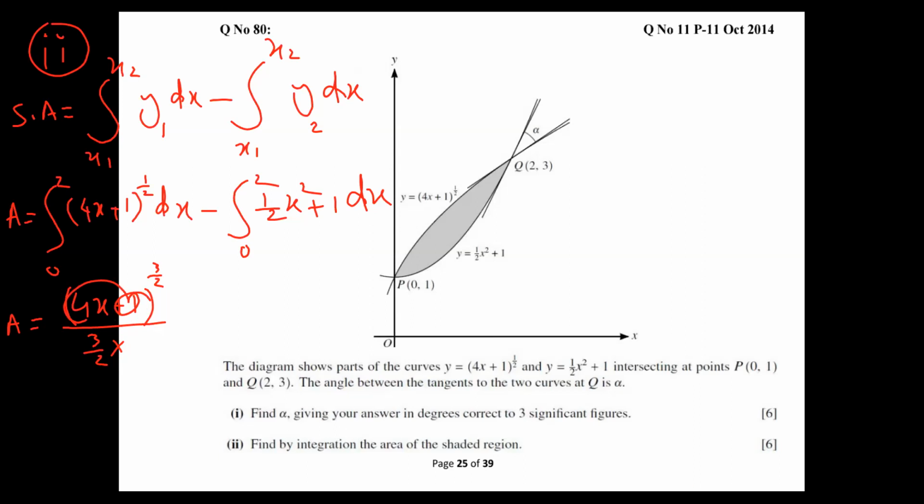So I can write 4 here with limits 0 to 2. And this we can keep as it is. Increase the power by 1: you get x cubed by 3 plus x, with limits 0 to 2. Multiplying constants never disturb it, you know very well.